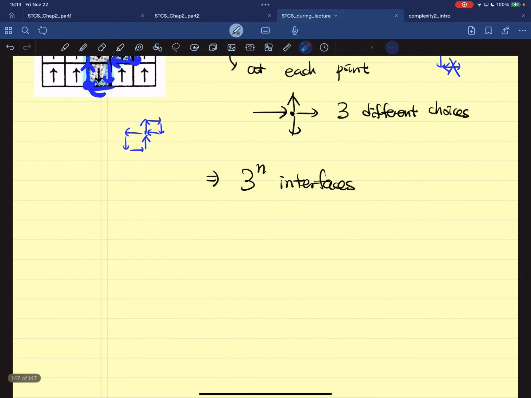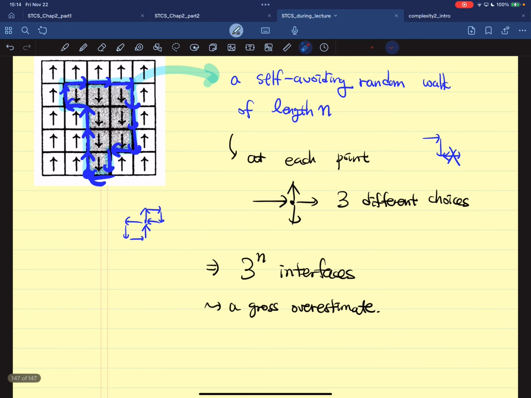But of course, this is a gross overestimate, because many of these paths are neither self-avoiding nor closed. It even has a restriction that it should go back to this place.